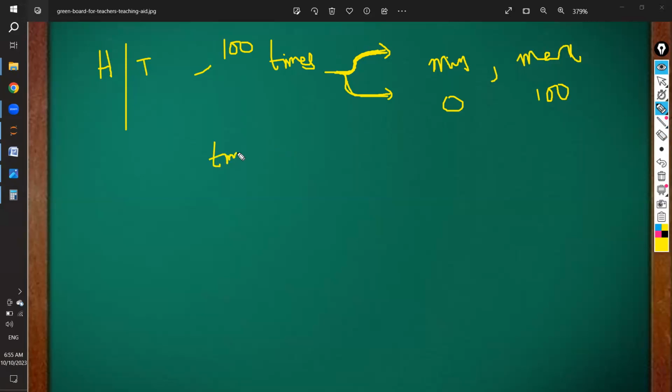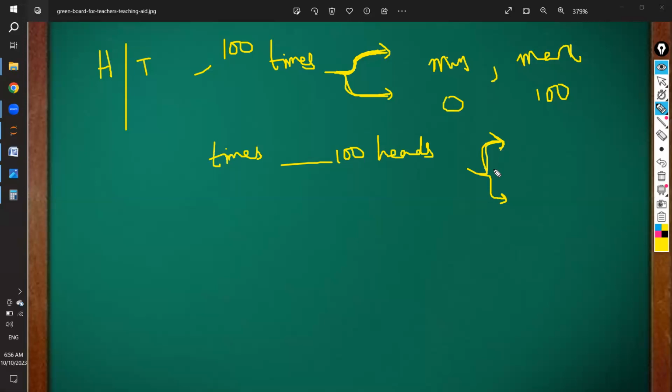Fine. But if I ask you how many times I should flip a coin to get 100 hits, now what are the minimum and maximum values? We can't tell. So the maximum is infinity.